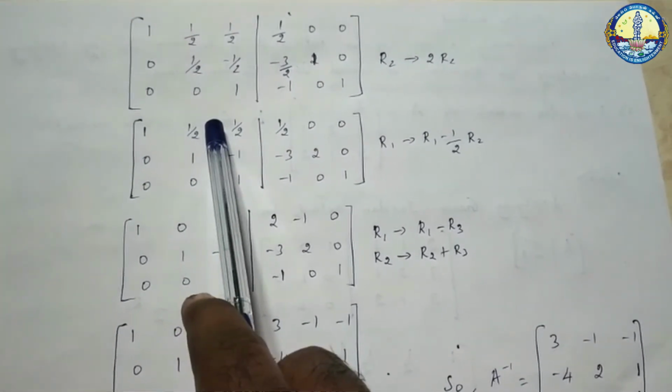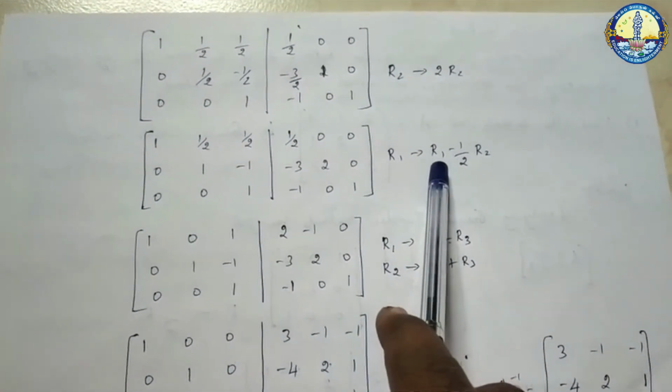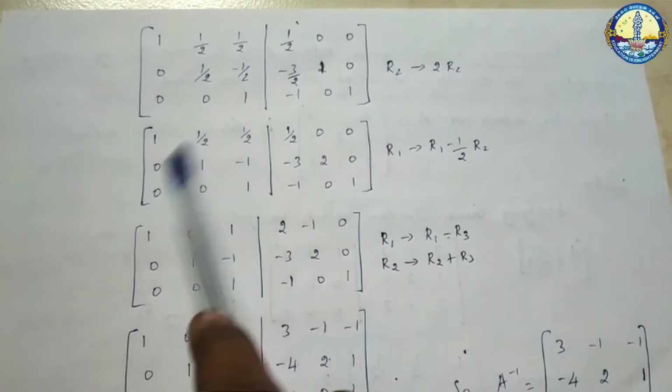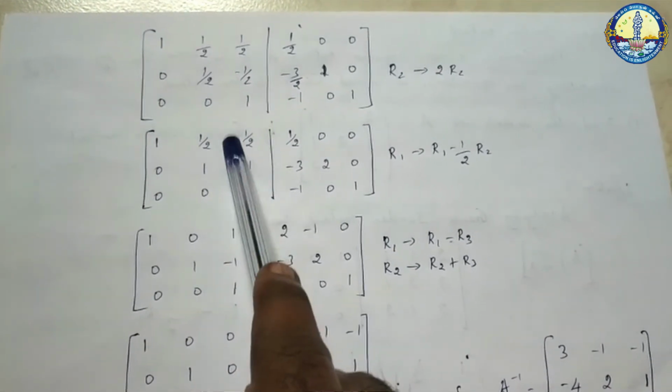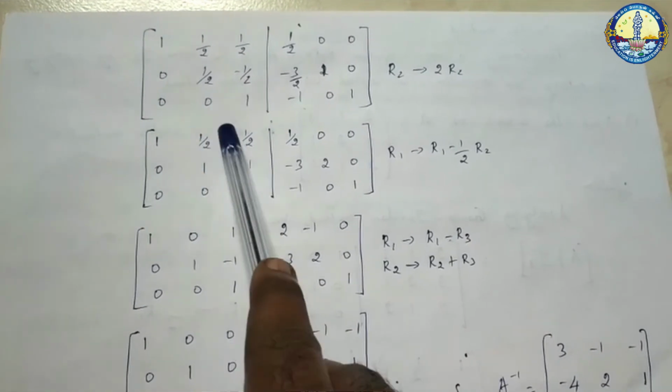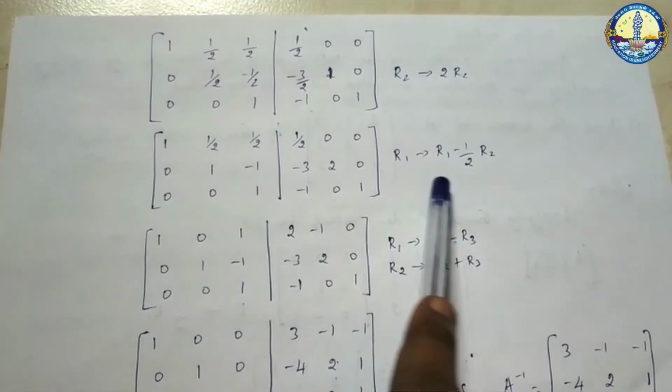Okay, here 1 by 2 is there. So using this operation, R1 equals R1 minus 1 by 2 R2, that is, multiply R2 by 1 by 2 and subtract from R1, we get this to be 0. So write R1 equals R1 minus 1 by 2 R2.